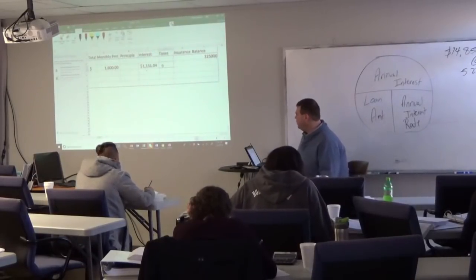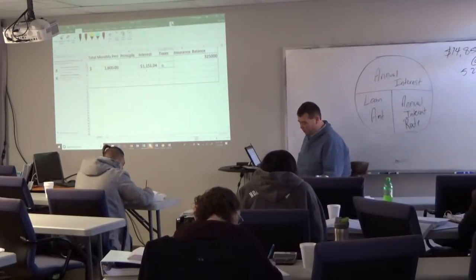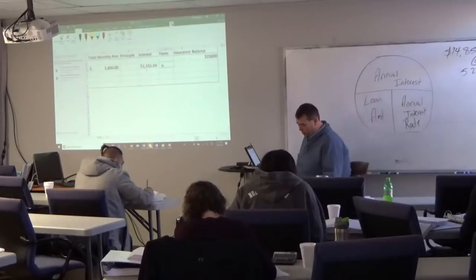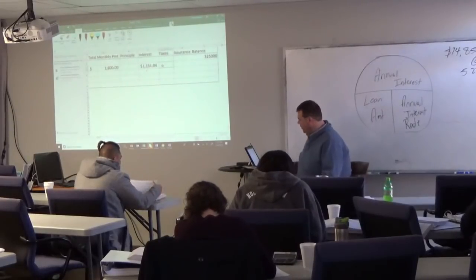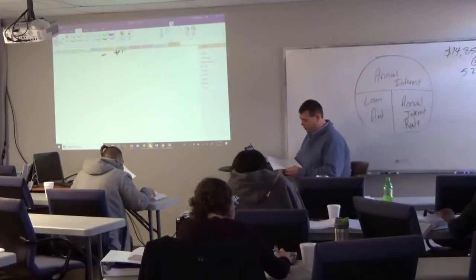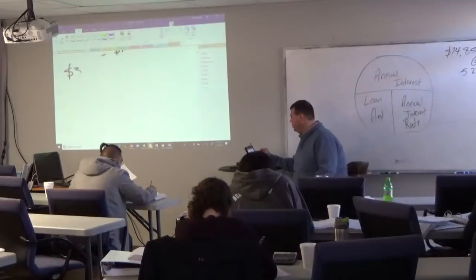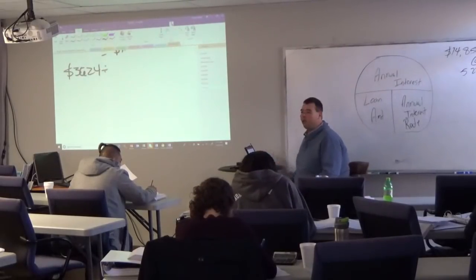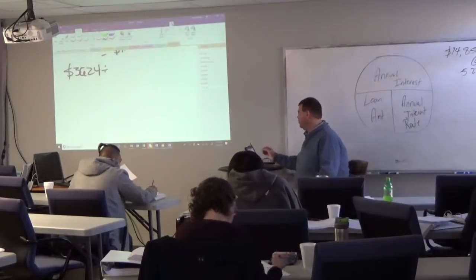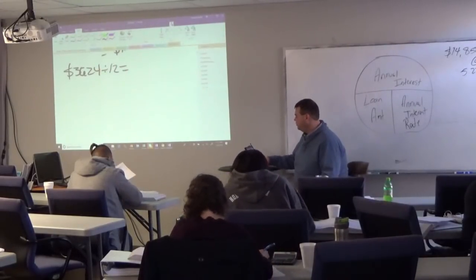Now, I need to calculate how much of that payment is going toward taxes and how much is going toward insurance. What they tell me is that we have an annual property tax bill of how much? $3,624 per year. What do I care about? Monthly. So what am I going to do with that? I'm going to divide that by 12.